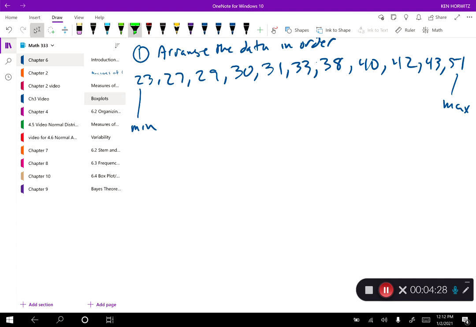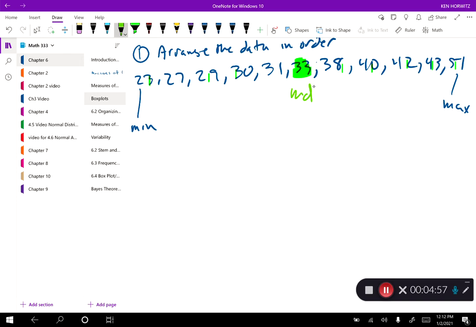All right, so I go 1, 2, 3, 4, 5, 6. 1, 2, 3, 4, 5, 6. There's your median, which is 33.